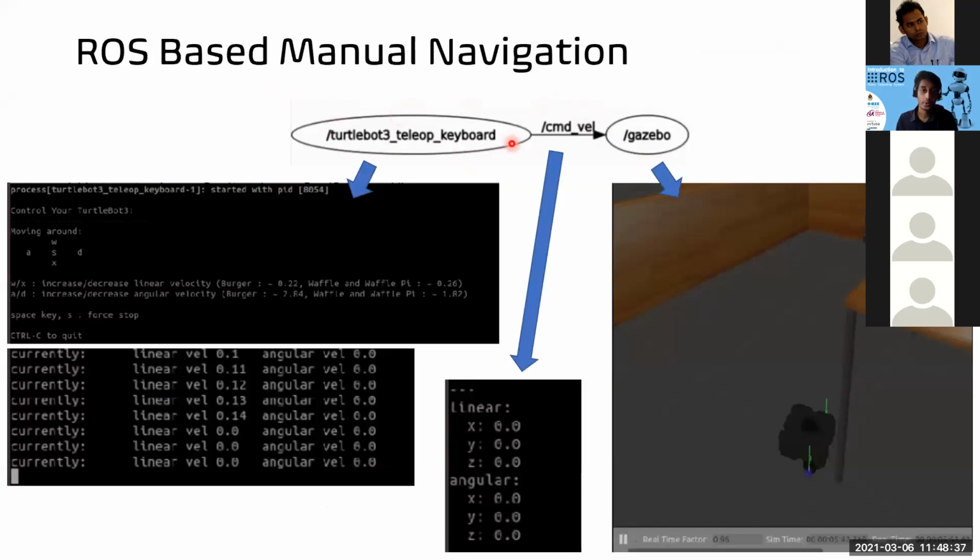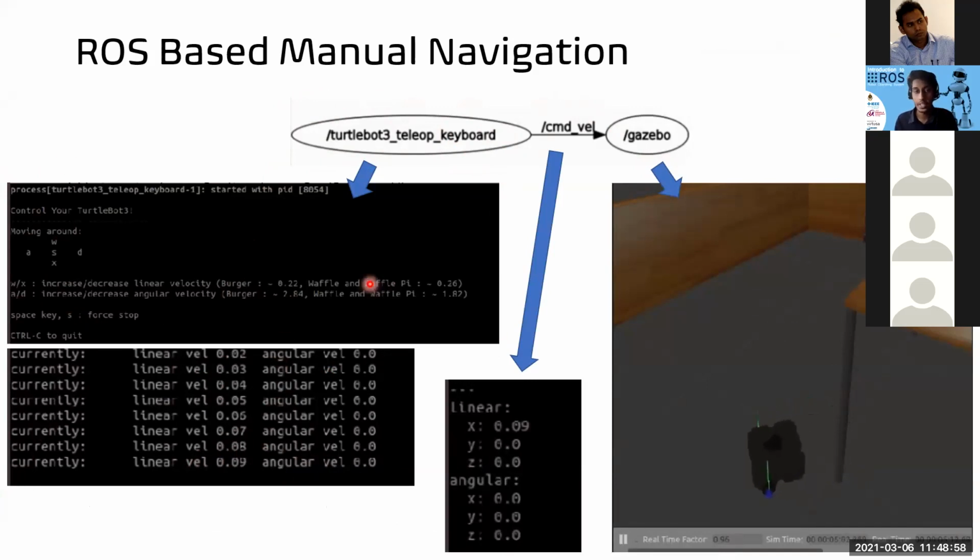You'll have a ROS node which takes inputs from your keyboard and converts them into command values as linear velocity and angular velocity. This is already available. You don't have to do anything, you can just run this node.